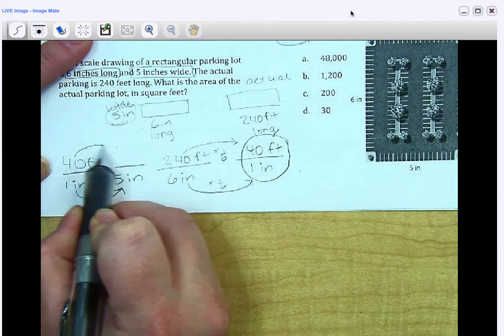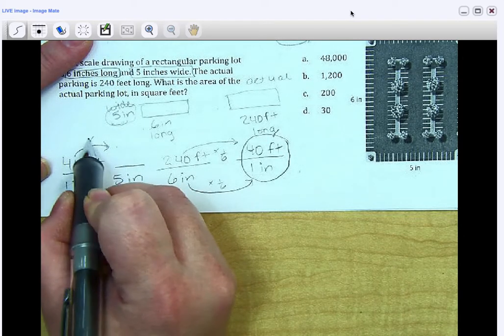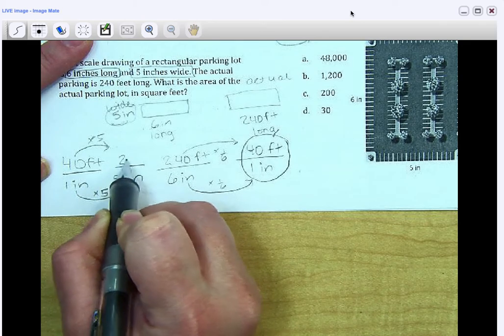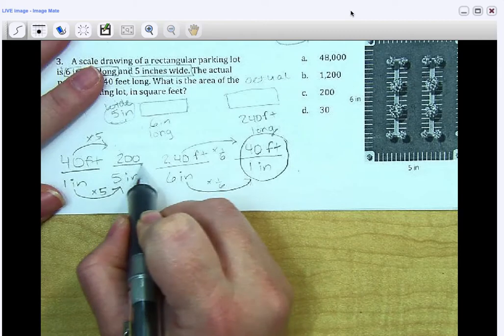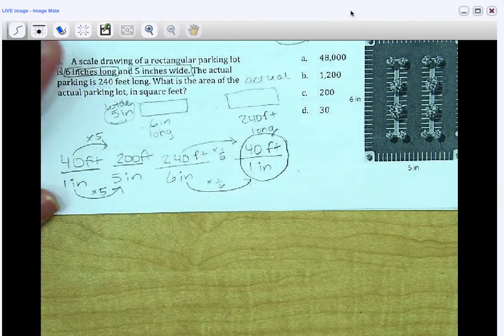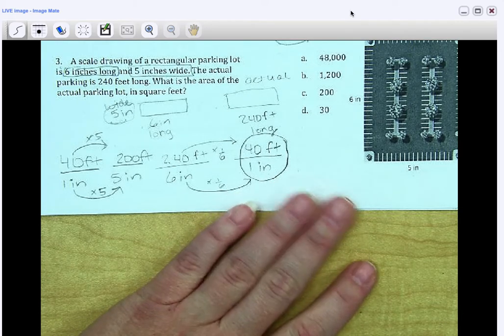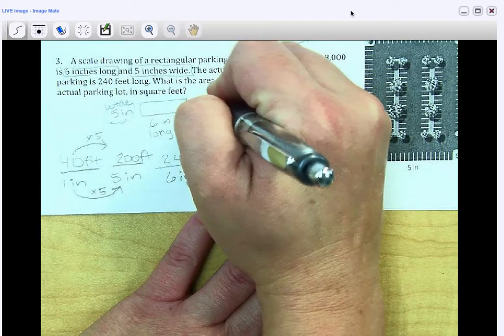So then on top, to find out the actual width, 40 times 5 is going to give us 200. And again, you want to make sure you're keeping your units in here. So it's going to be 40 feet times 5 is going to be 200 feet. So that means the actual parking lot is 240 feet by 200 feet.